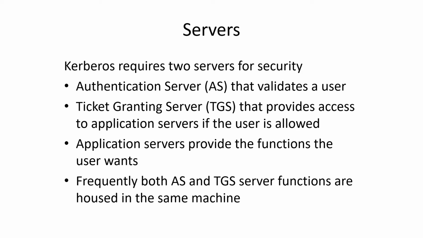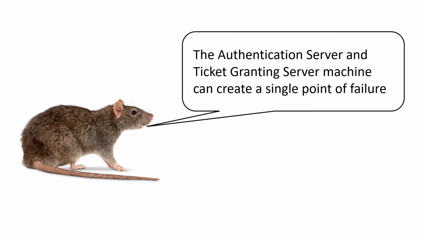The authentication server, which we'll abbreviate AS, validates the authenticity of a user, and the ticket granting server provides information that the user can send to application servers for authentication. The authentication server and ticket granting server machine can create a single point of failure for Kerberos.